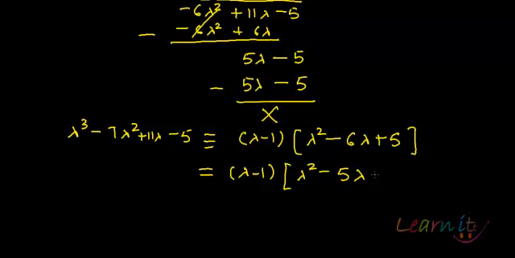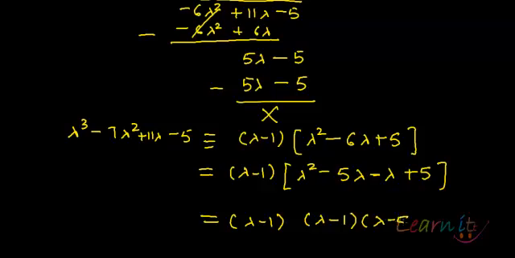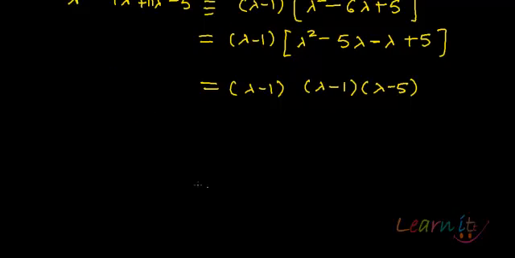So minus 5 lambda minus lambda plus 5, and this will give me the factors lambda minus 1, lambda minus 5. So that means I have 3 lambdas. I had a 3 by 3 matrix, so I had a cubic polynomial, and I have 3 lambdas. So lambdas in this case will equal 1, 1 and 5. So that's how you find out your eigenvalues or your characteristic roots.